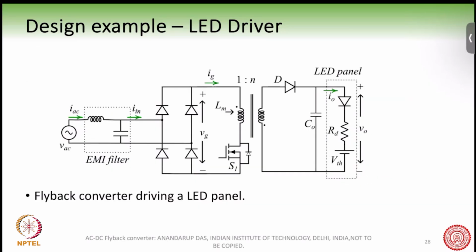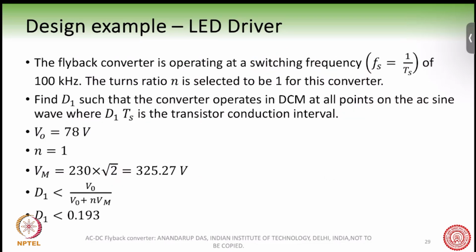So this is how the whole circuit looks. You have the EMI filter, the VAC, the flyback converter, and the LED panel, with a diode, a resistance and the threshold voltage. This is the equivalent circuit.